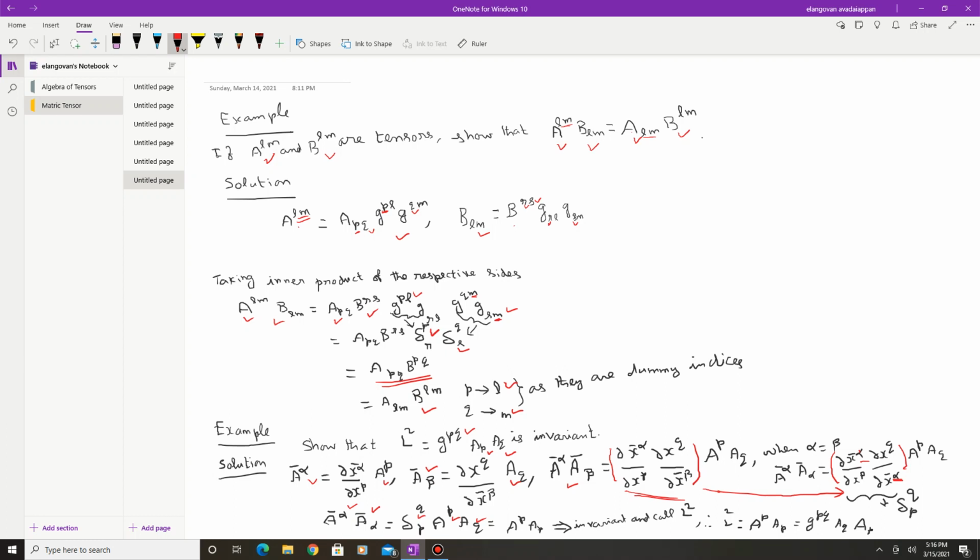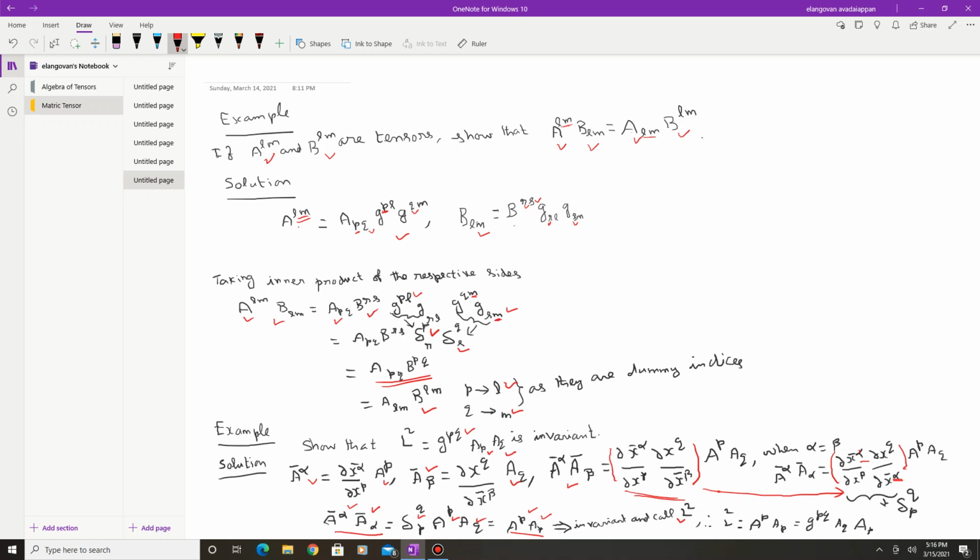So if you multiply the two vectors in the barred as well as the unbarred system, it gives the same value. Then here you have AP AP. So this product and this product give the same value. So it is invariant. Let us call this equal to L square.